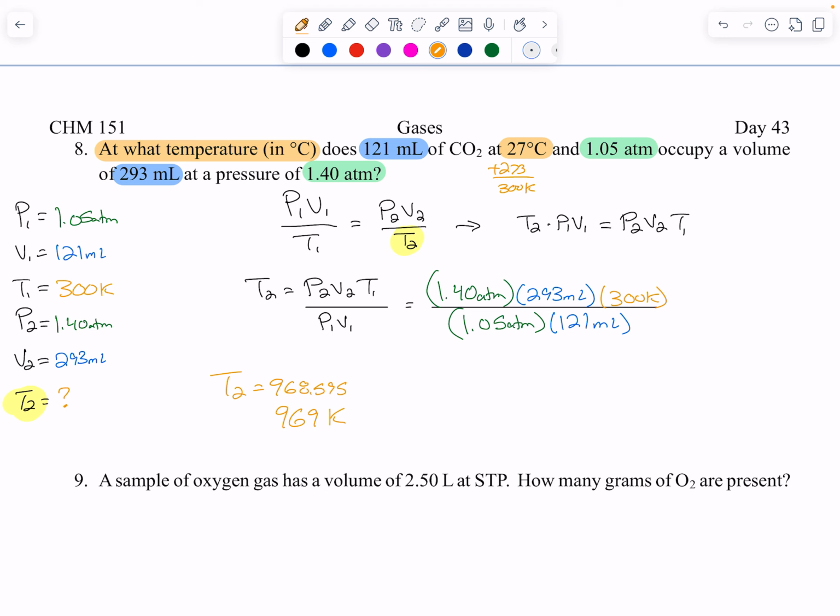All right, so 969 Kelvin, which is not the temperature we want; we want Celsius, don't we? So that means we have to subtract, and I get 696 degrees Celsius. Fantastic.